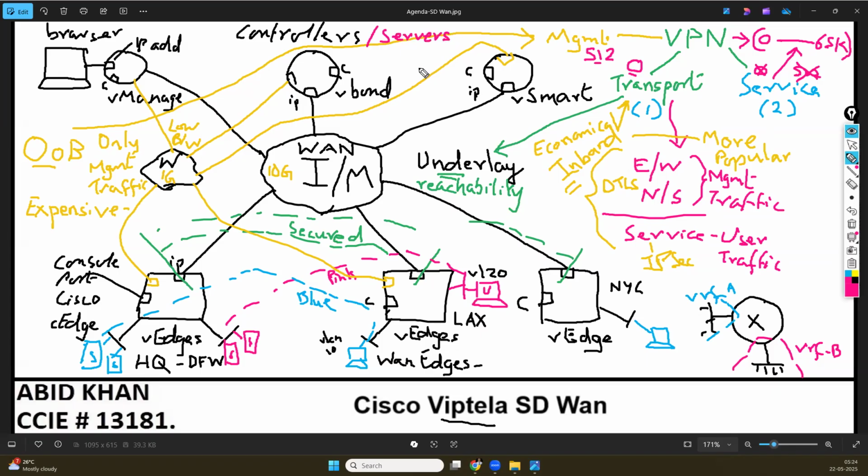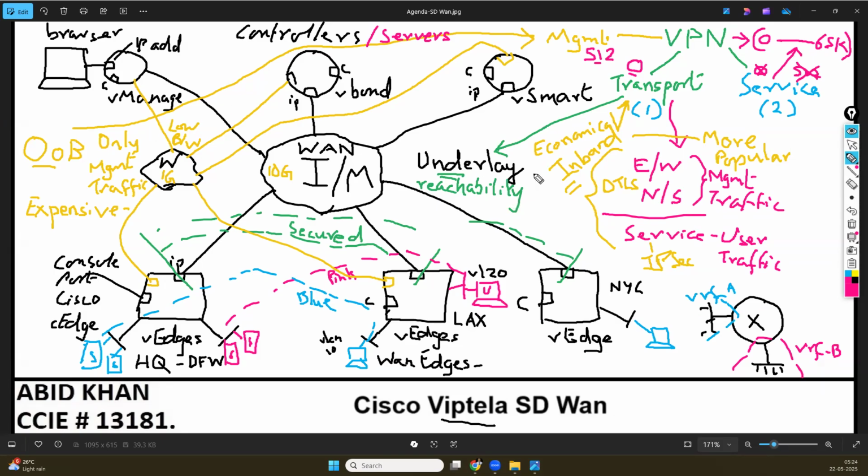Some companies can take a cloud service from Amazon, Microsoft or Google, any public cloud service, and place these controllers inside the cloud. They can be anywhere, physical or virtual, in a single location or in different locations. All are possible.